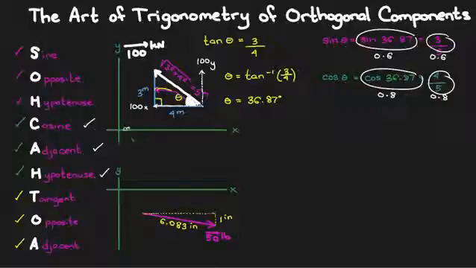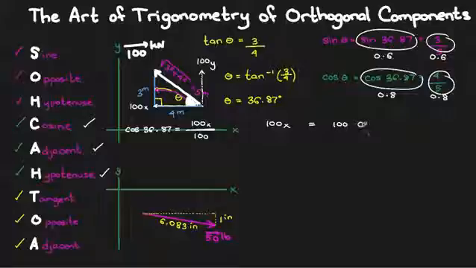And let's write this down. Cosine of 36.87 degrees is by definition adjacent over hypotenuse. Adjacent, we call that 100 subscript x. The hypotenuse is the vector 100 kilonewton. So therefore, if you are interested in the component of the vector in the x direction, don't you just multiply 100 times cosine of 36.87?